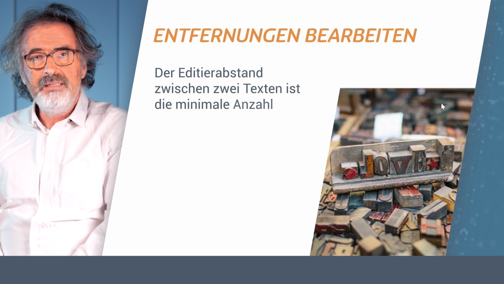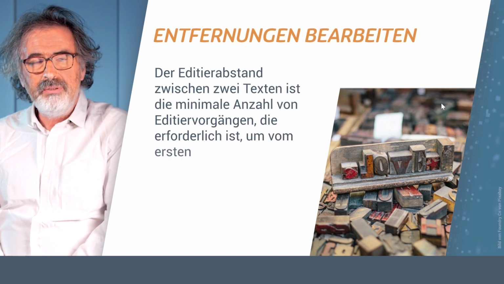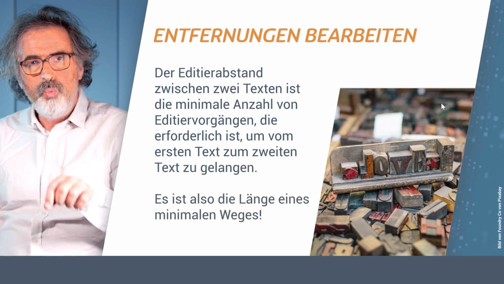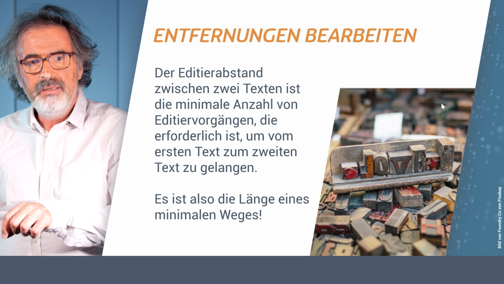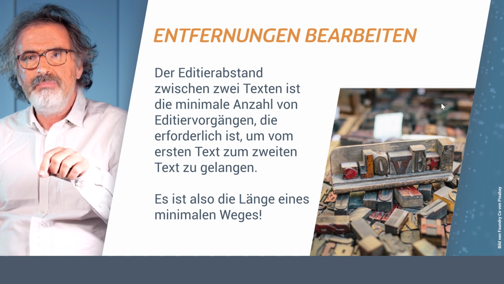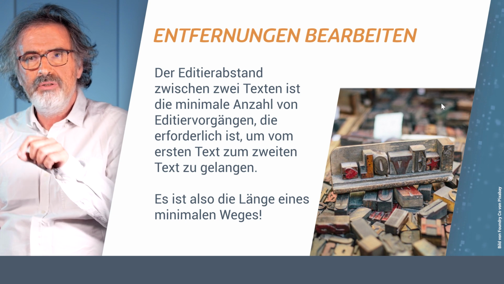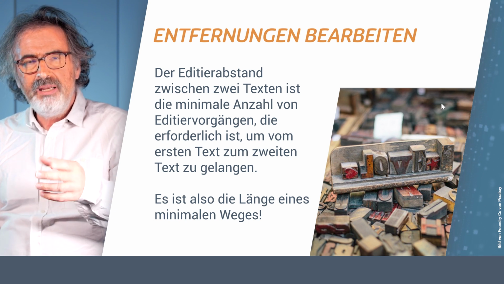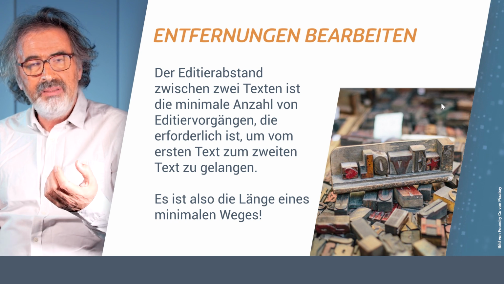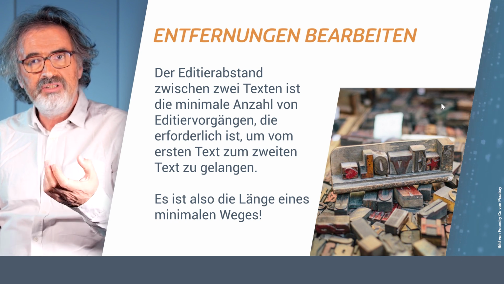The edit distance is the smallest number of edit operations that are needed to go from one word to another. So it is in a way the length of the smallest edit path to get from one word to another. The example I have given here is on words, but it works exactly the same on phrases or on texts.